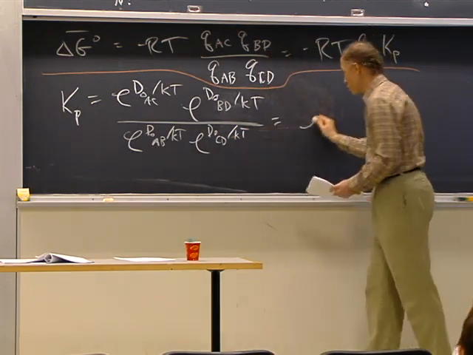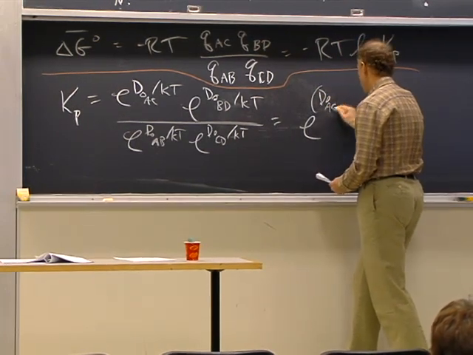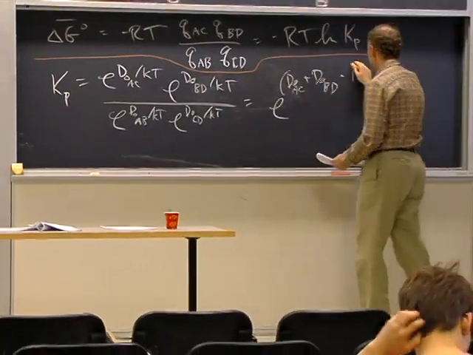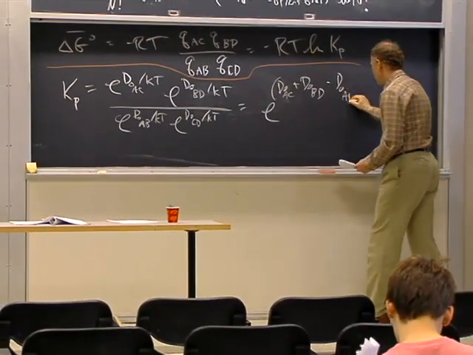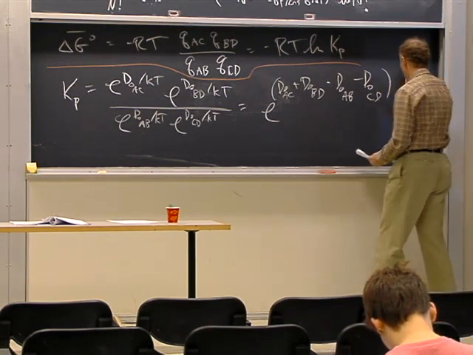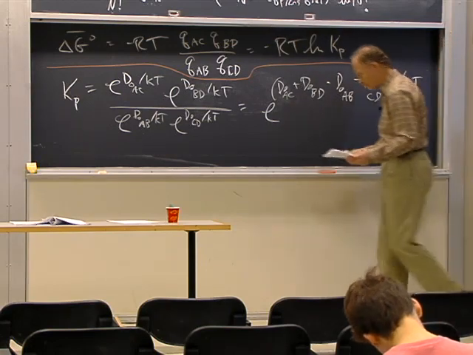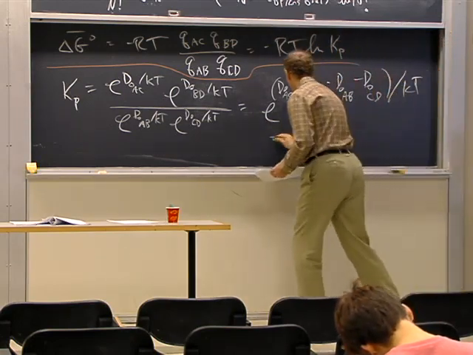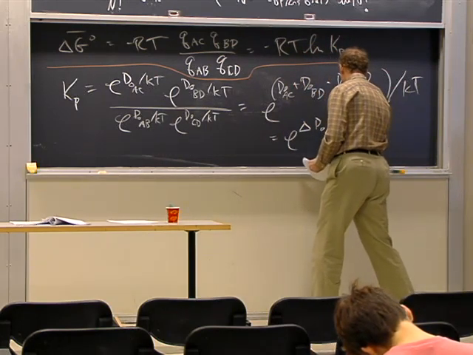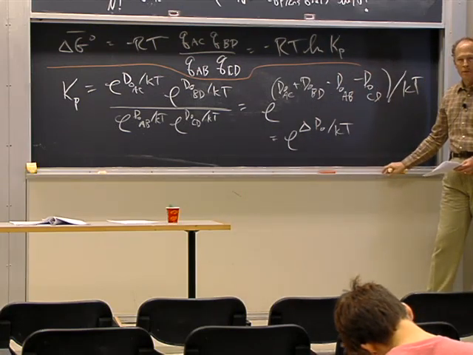So the whole thing is just e to the D0 AC plus D0 BD minus D0 AB minus D0 CD, right, over kT. Or in other words, it's e to the delta D0 over kT. That's the whole story.